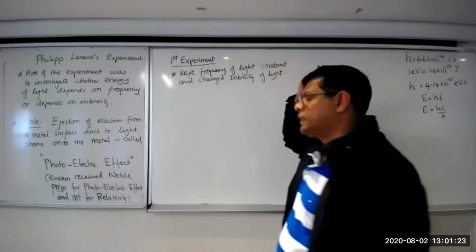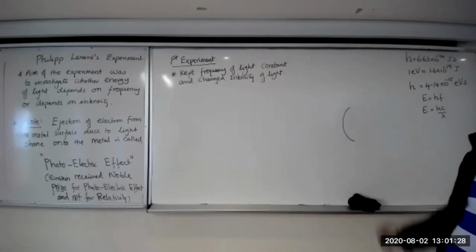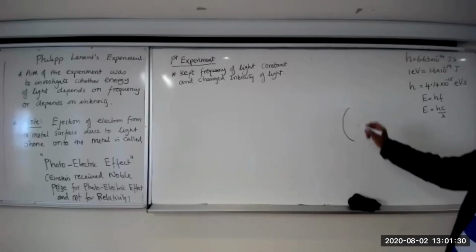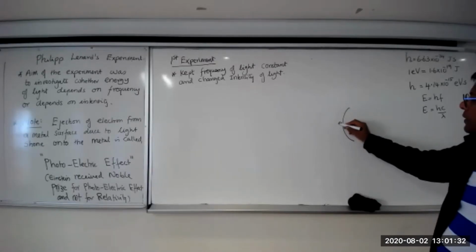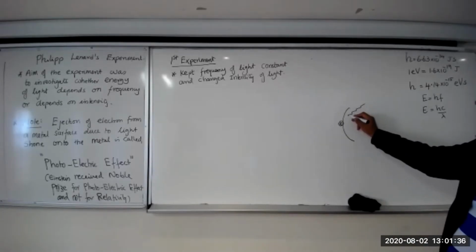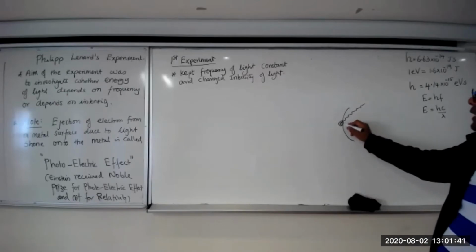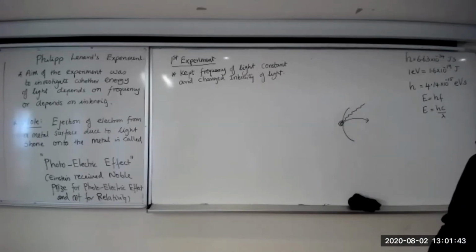Hey guys, need to understand the bigger picture here. So if you have a metal, let's say there is an electron here, you supply energy externally from a light source. The electron is ejecting after receiving that energy, purely kinetic energy.